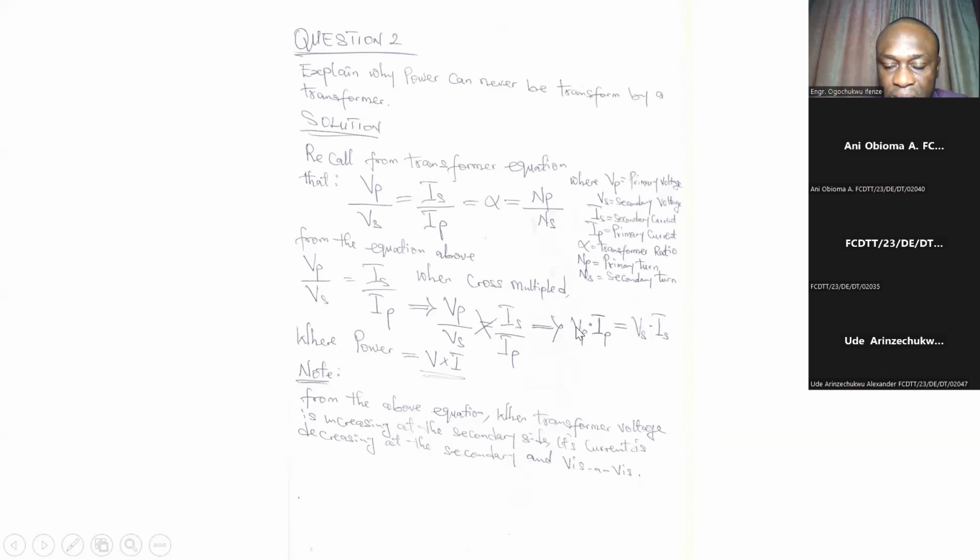So you can see that the power at the primary is equal to the power at the secondary. And I further explain that from the equations you are seeing, it's telling you that when the current at the secondary is high, the voltage at the secondary is reducing, in order to balance up, to make the power equal to each other.